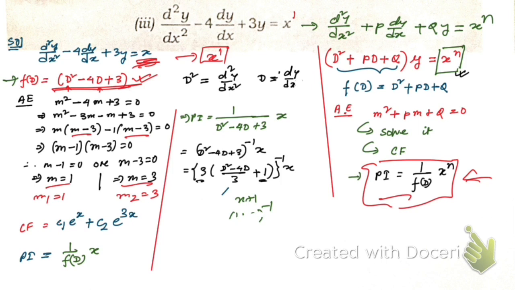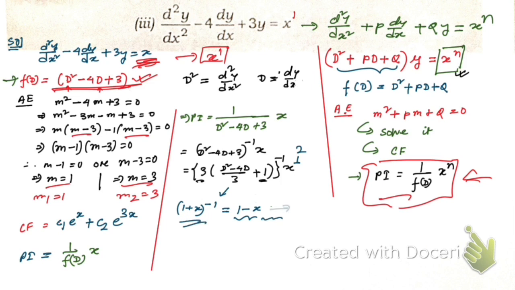So this is of this form 1 plus x whole to the power minus 1. If you expand it, you should get 1 minus x, then more terms, but we are going to take only the first two terms. If x to the power on x is 1, we are going to take first two terms. If you have power 2, then you should take the first three terms of this expansion.